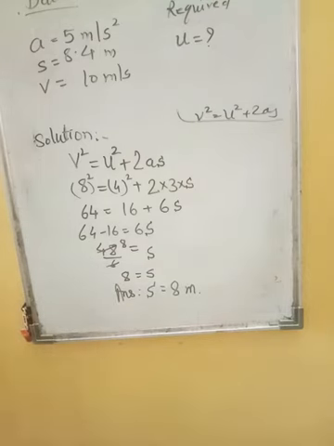So as you all know, it is not having time. The first and the second equation contain time, so that won't be useful. We will be using the third equation. Correct?